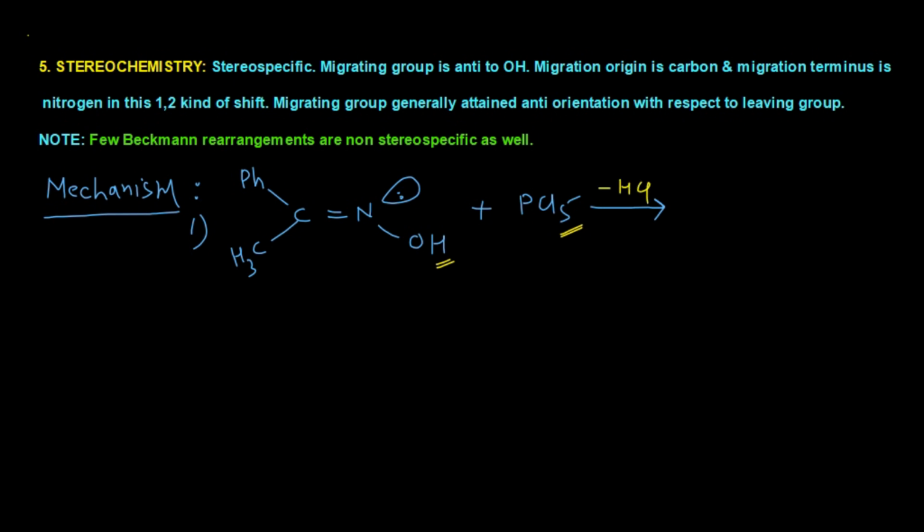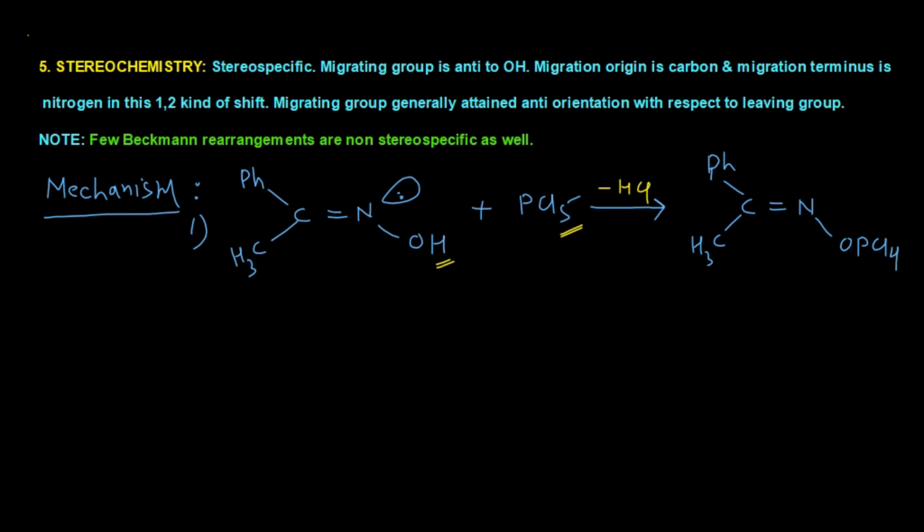And after minus HCl, what will you form? Carbon double bond nitrogen, this was your Ph, and this is your CH3, and now this OH will convert into OPCl4.